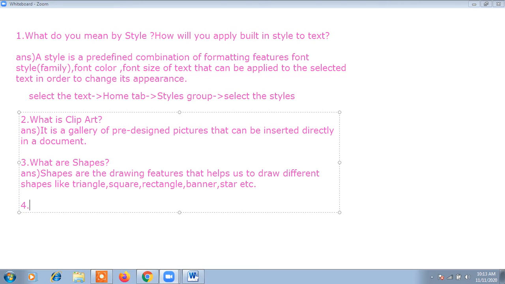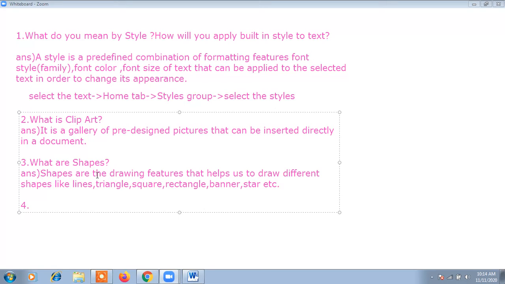While explaining this chapter, I showed you how we can draw different kinds of shapes. Shapes we generally use for drawing the rectangle, means different types of shapes you can draw. Not only triangles, you can draw lines also.